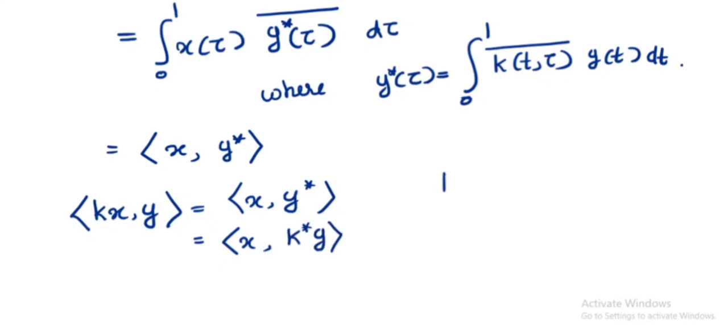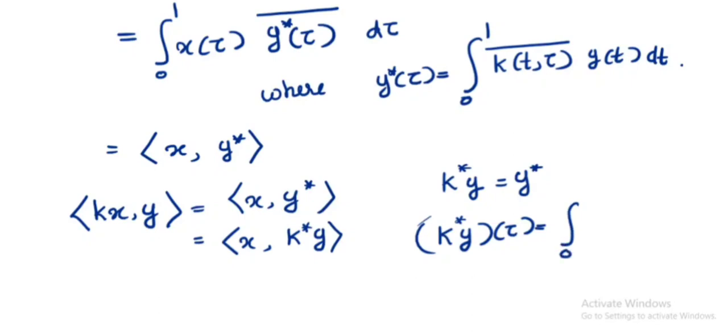Okay, and K star y is defined as, here K star y is actually y star. That means K star y of tau is equal to y star(tau), the integral from 0 to 1 of k(t, tau) conjugate y(t) dt.